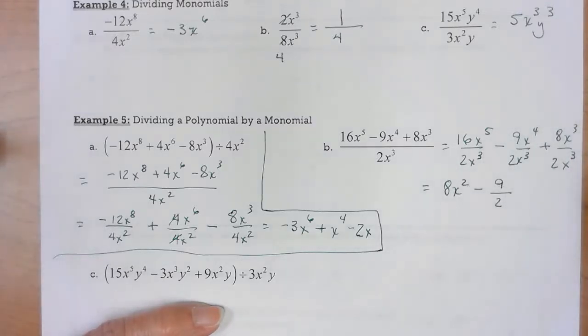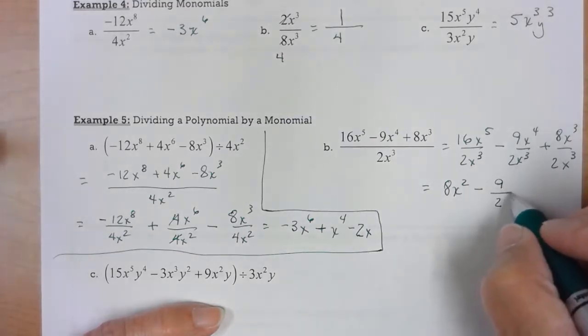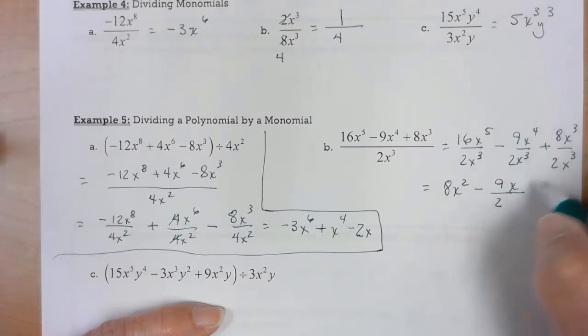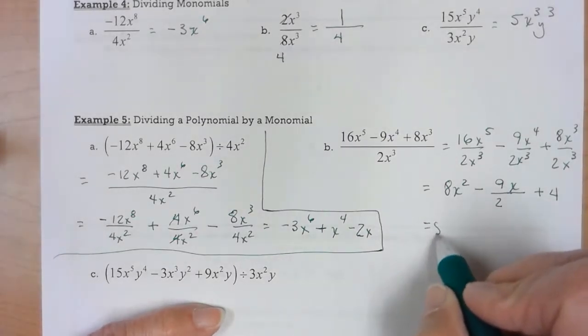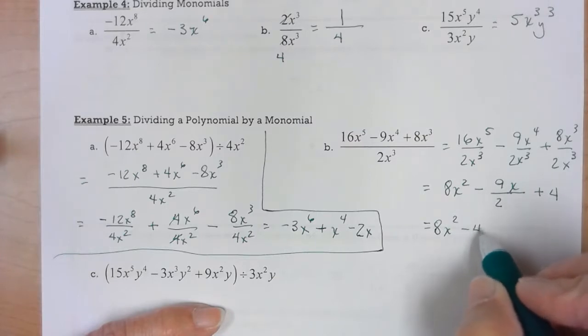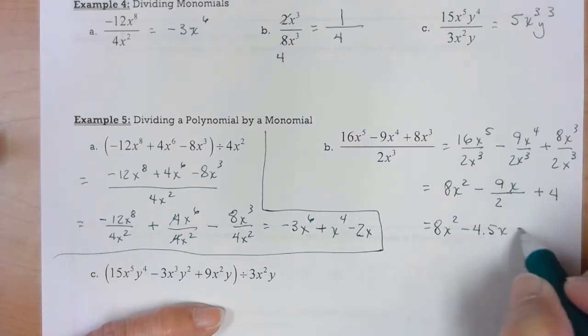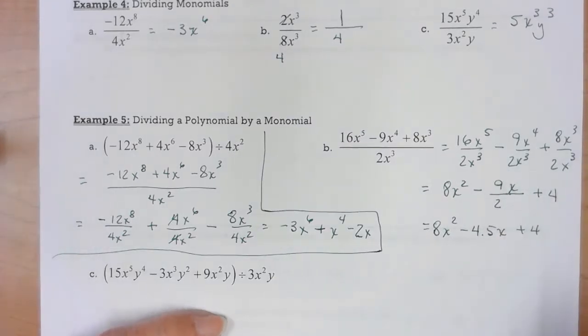It doesn't go evenly. If you went 4.5, I'd give it to you, but you don't have to. And the x stays in the numerator. So that would be fine. Or if you had this, as long as the fraction ends and it does not continue, I'll take that as well.